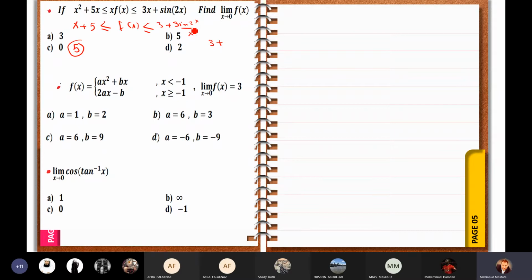Plus sine 2x over x is 2, since sine x over x as x approaches 0 is 1. 3 plus 2 is 5. So the middle one, which is between them, must have the same value, 5.